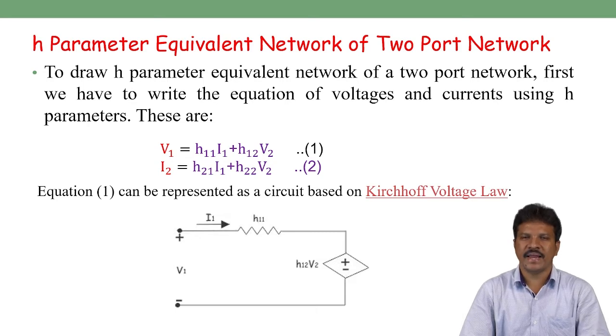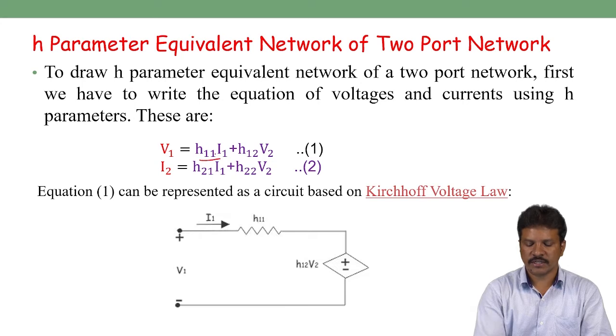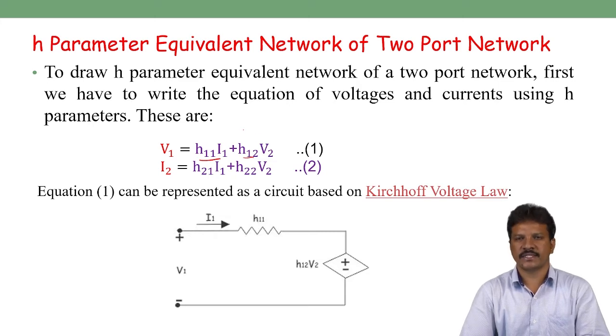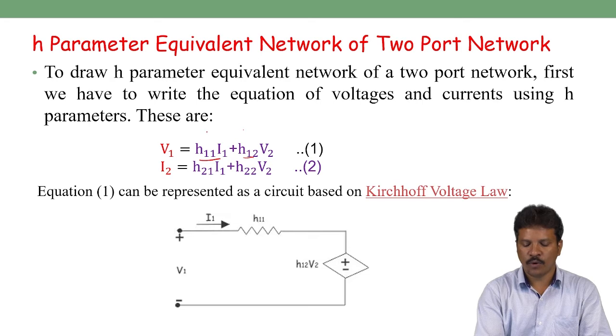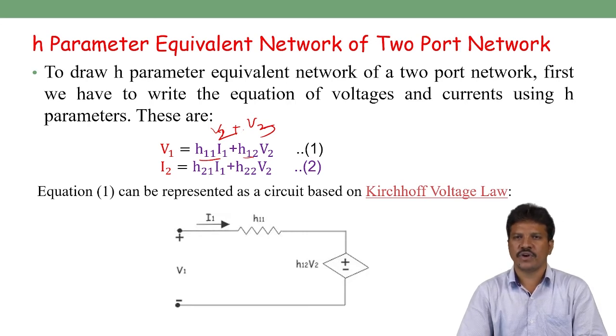H11 is impedance, and current multiplied by impedance is voltage. H12 is reverse voltage gain, a constant with no units, multiplied by V2, is nothing but voltage. So the source voltage is equal to the sum of individual voltages, which looks like Kirchhoff voltage law.